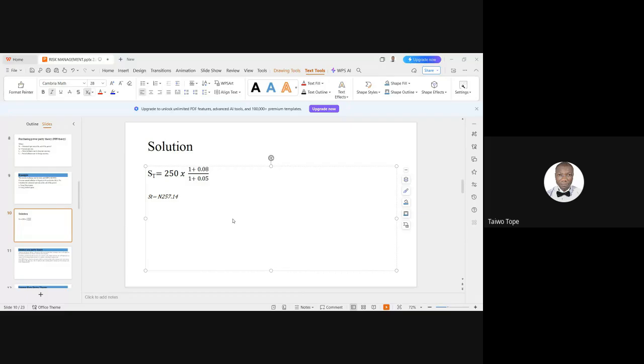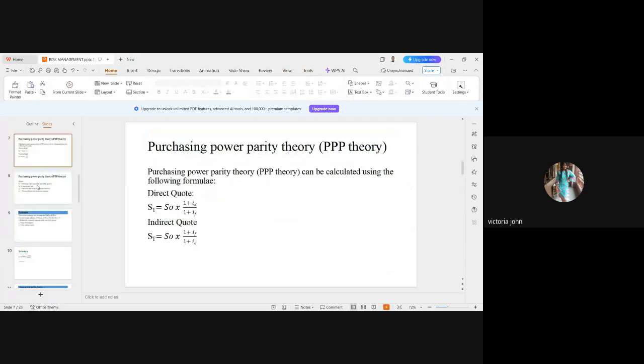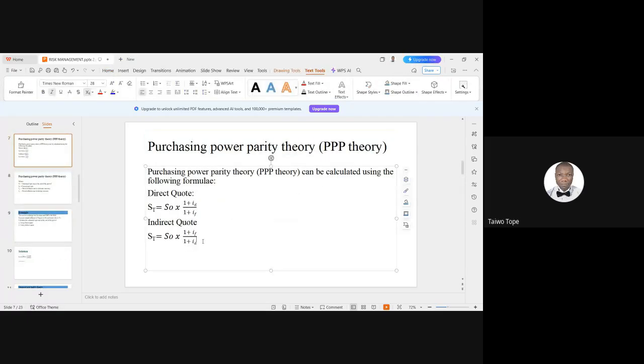So now this is for direct quotes. Now for indirect quotes, what will happen? You invert it, so the 1 plus 0.05 will be on top, the numerator, then the other one will be the denominator. See it here, for indirect quotes.